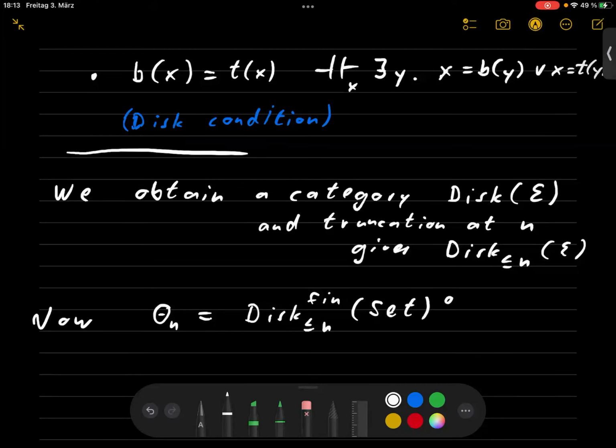And then we do an opposite here, so it's the opposite category. So does it mean that we just take a model in finite sets? Yeah, it can also be done like this. Maybe this is a better way to write it.